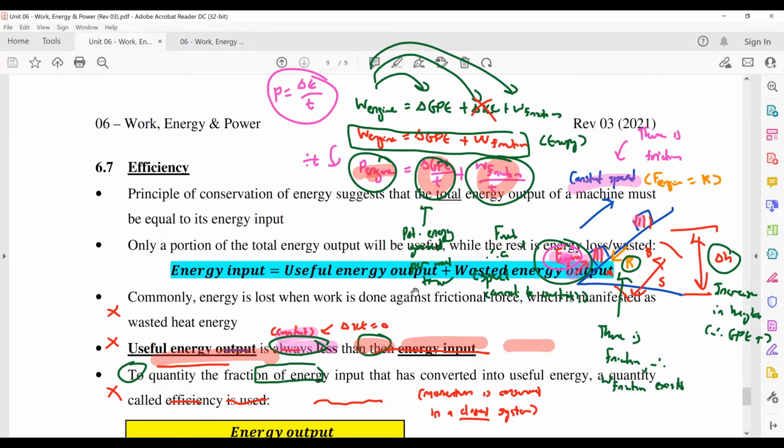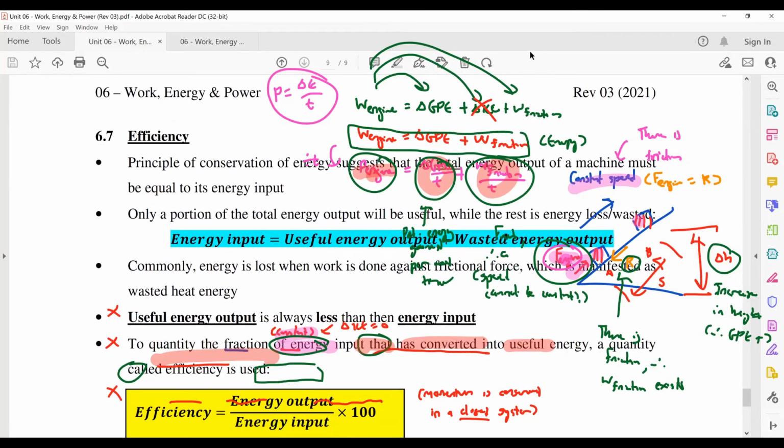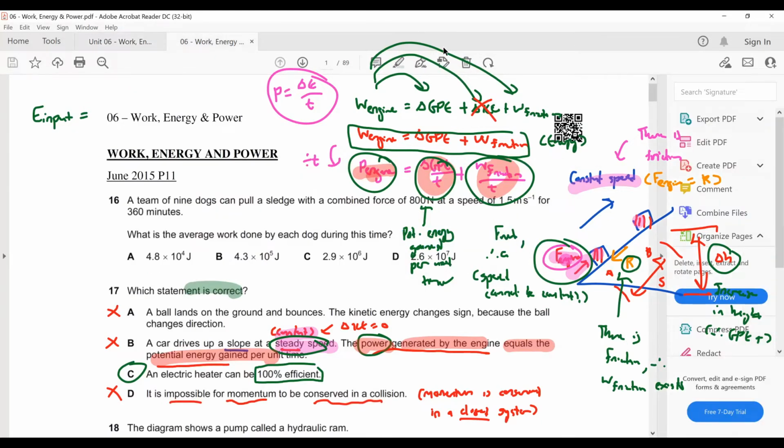I also tell you that when your energy is wasted, usually it is in the form of heat. So if I talk to you about a heater, you have energy input, and then you have useful energy output, and then this one is energy that is wasted.